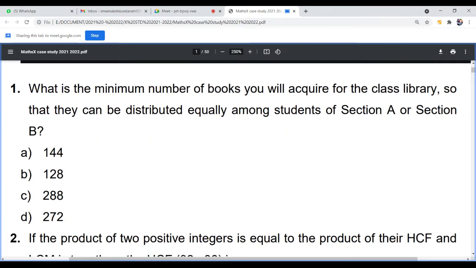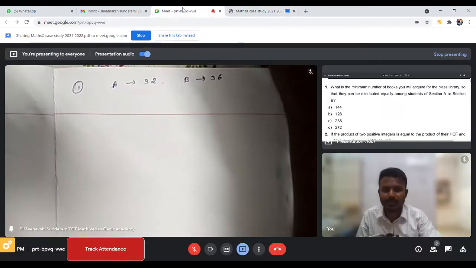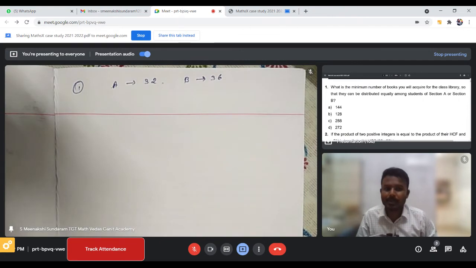What is the minimum number of books you will acquire for the class library so that they can be distributed equally among the students of session A or session B? We have a confusion whether we should find the LCM of these two numbers or the HCF of these two numbers.